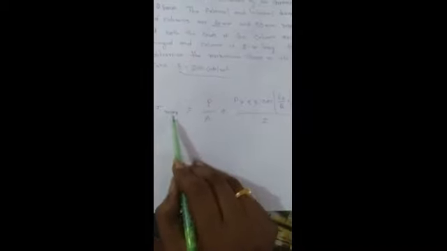So how to calculate the maximum stress in the column due to the eccentric load? This is the formula to calculate the maximum stress. Sigma max is equal to P by A plus P into e by Z into secant of Le by 2 into square root of P by EI. Okay, so here P is equal to load, already given, 120 kilonewtons.